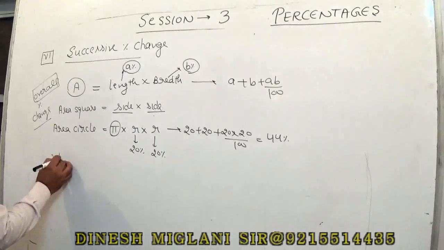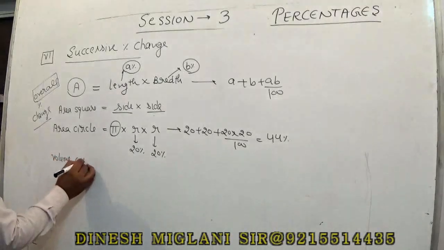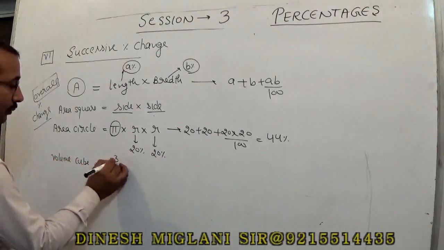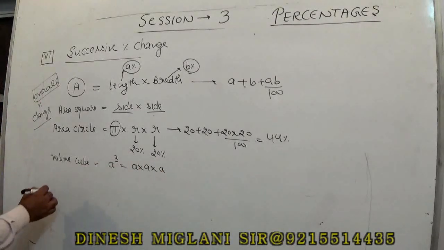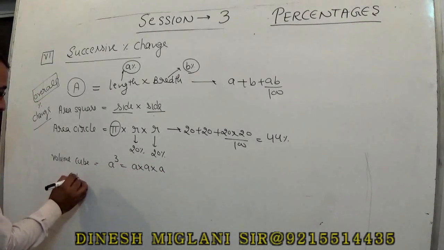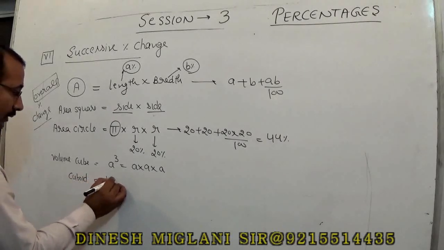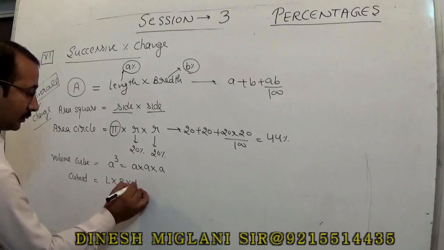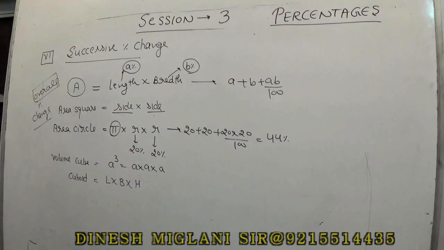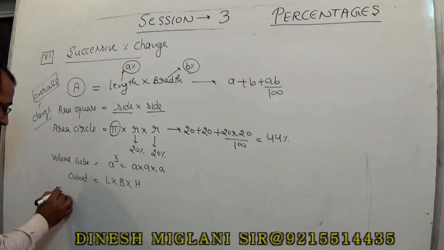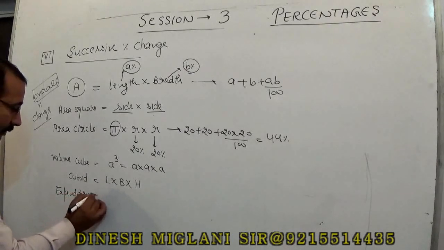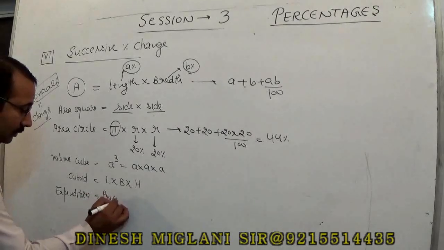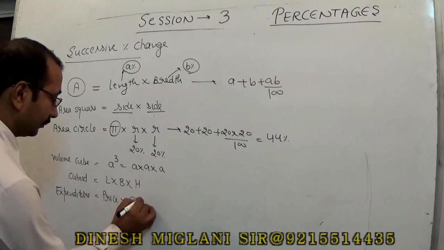Volume of a cube, that is A into A into A. Volume of a cuboid, length into breadth into height, or we can say expenditure is equal to price into quantity purchased.